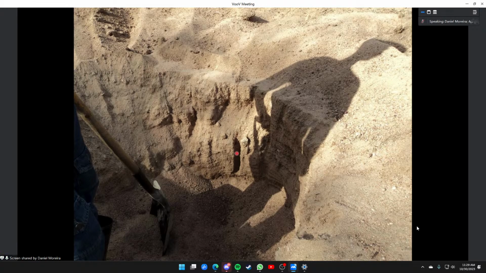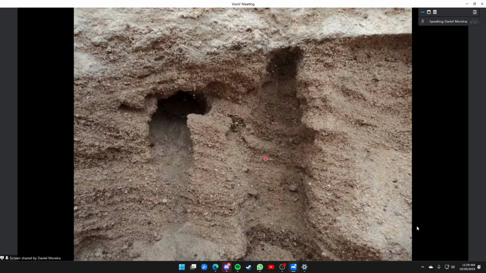This is just soil that was not as compact as the soil around it. Here just another picture. So a tunnel of less compact soil that estivating animals made.